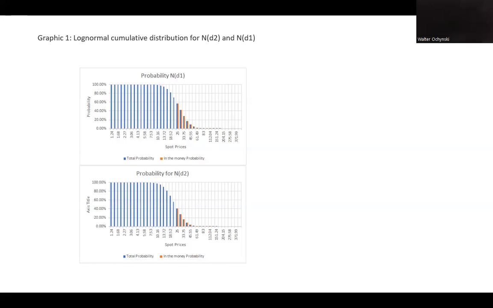One probability according to Nd1 calculation, and now you see that the strike price is in the money from 59.6, but if you look at the graphic showing the Nd2 probability for the strike price to be in the money, because it is a different population with different mean, the probability is, for example, here around 40% when the strike price is coming into the money.